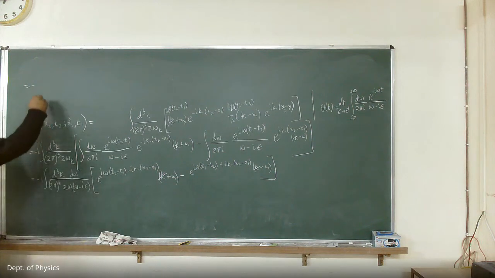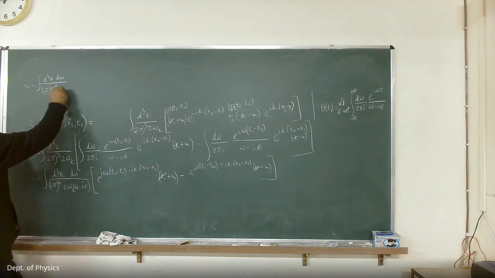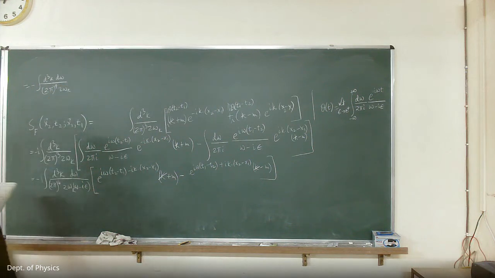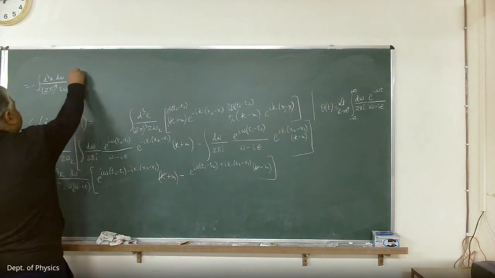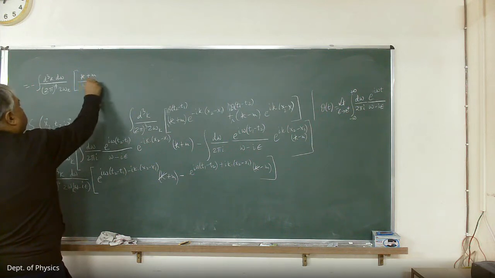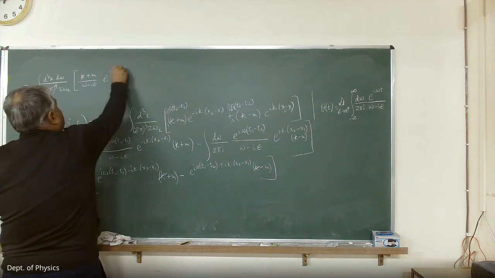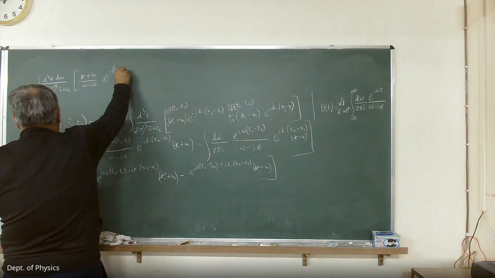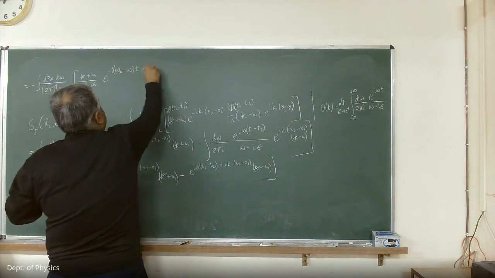So I have d3k d omega by 2 pi to the power 4, 2 omega k. Let me write it this way: k slash plus m by omega minus epsilon, e to the power minus i omega k minus omega t plus i k dot x.